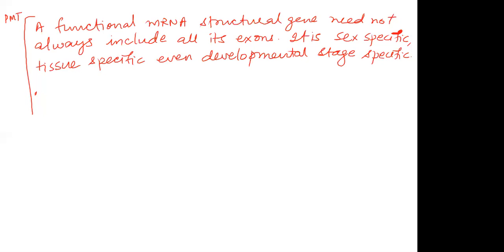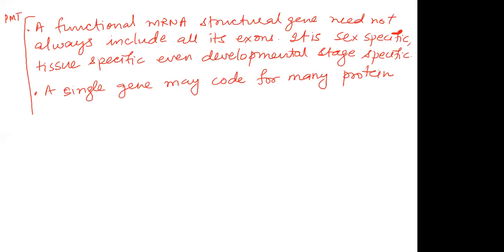That is, a single gene may code for many proteins. This is called alternate splicing.